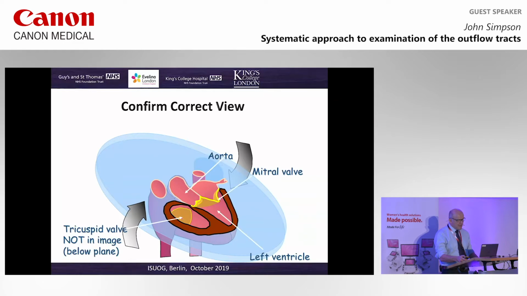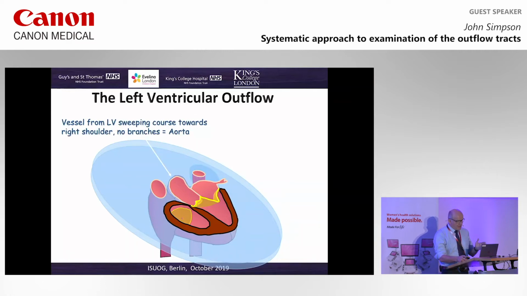So you can see now the tricuspid valve is below the plane, and you can see that the left ventricle, which should be completely committed to the aorta. How do we know this is an aorta? Well, you know it from its branching pattern, and in contrast to the pulmonary artery, there is no early branching of the aorta.